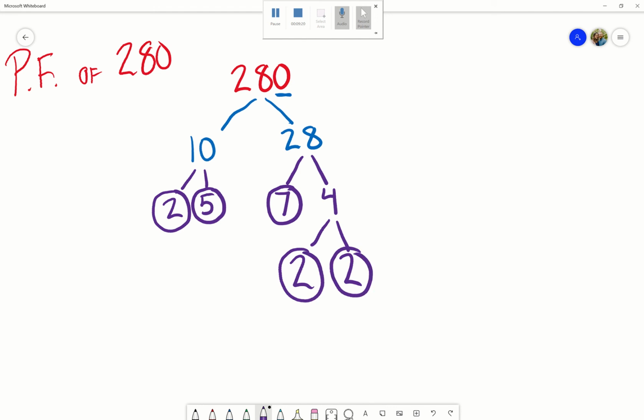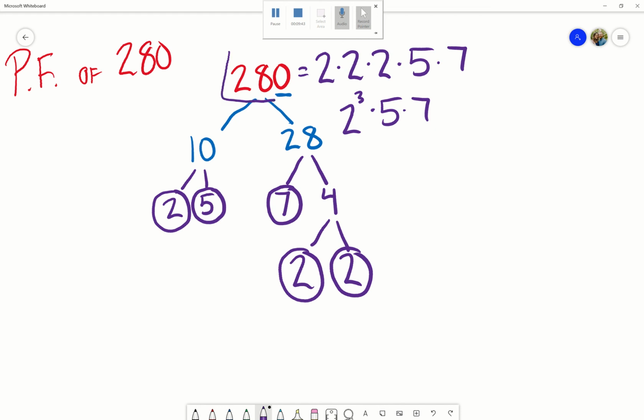I have no more numbers I can break down, so now I'm done here with my prime factorization of 2 times 2 times 2 times 5 times 7. 2 times 2 times 2 can also be written as 2 cubed times 5 times 7. And this works as an answer to my prime factorization.